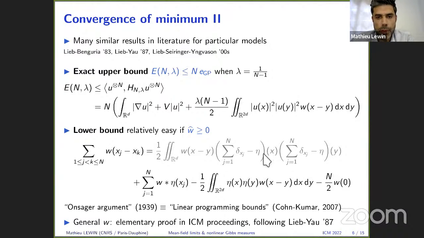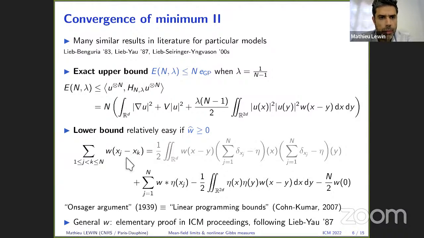And then you add a function η, an arbitrary function η, and you write this double integral with the sum of the delta at x_j. Okay, and then you've inserted two terms. You've inserted this sum here as well as this constant there. And the whole point is that the first term is non-negative if W has a positive Fourier transform, so you can just remove it for a lower bound.